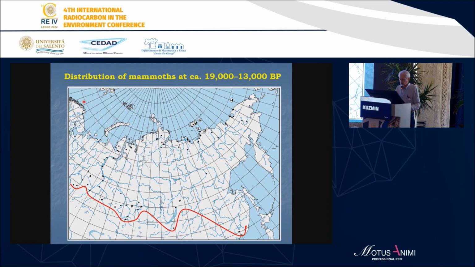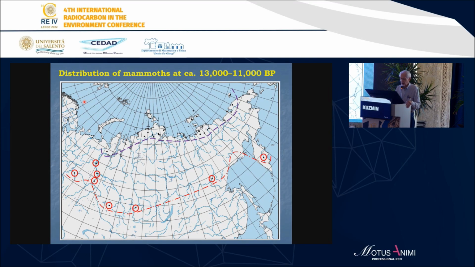Going closer to modern time, these red circles represent some isolated or semi-isolated occurrences of mammoths, which you actually do not call refugia. It's just south of 60 degrees north. But again, in the north there are more dates.